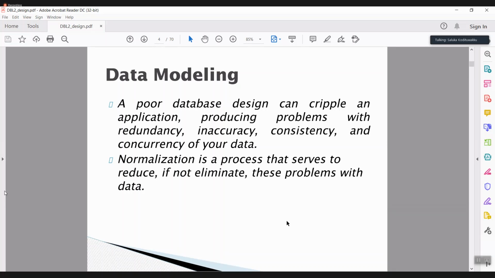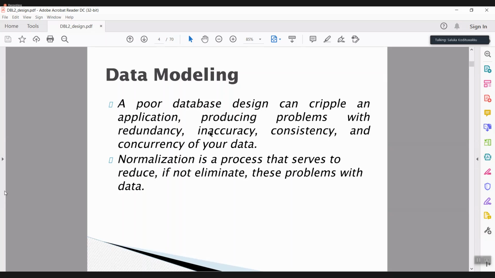What we can argue is that the solution provided may be good or not good. We can't say correct or incorrect, because if it is incorrect, it can't be a solution. That is why we say poor database design: it is a solution to our data management problem, but its quality is not good.